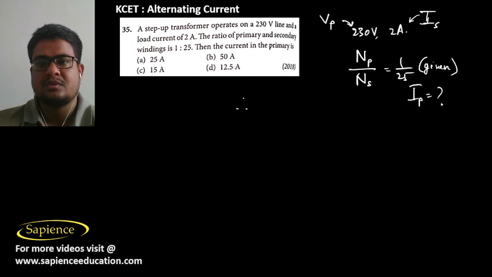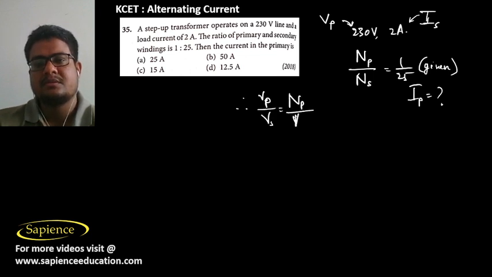Now therefore, we know that Vp by Vs will be equal to Np by Ns, that is equal to Is by Ip.